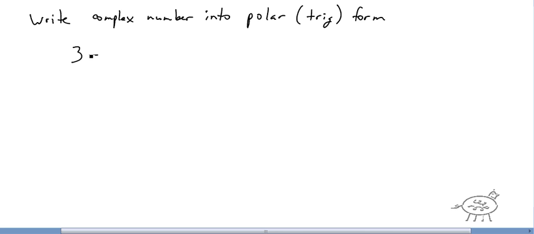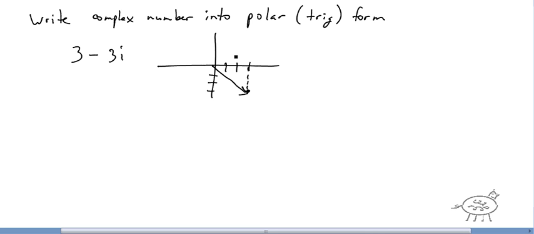Alright, so here's your example, 3 minus 3i. So we're going to make a quick sketch because we need to figure out r and theta. And once we have r and theta, we're good to go. So again, our real is 3 here, and our complex is negative 3. So here's our coordinate. There's our vector.